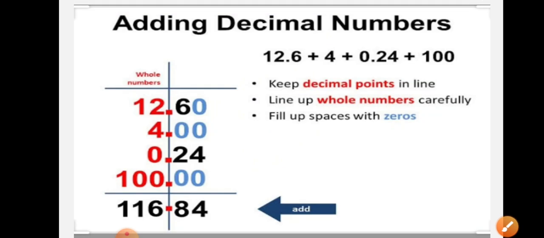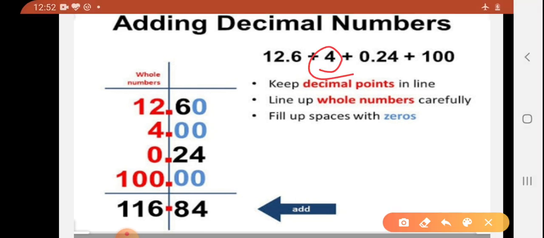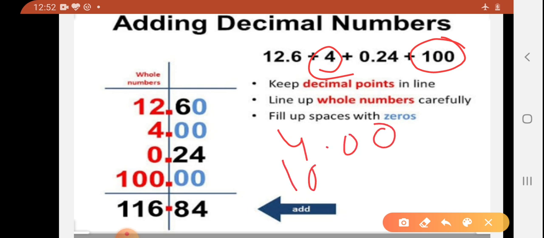One more example, 12.6 plus 4 plus 0.24 plus 100. Here you have to see that 4 is a whole number, and 100 is a whole number. So you can write 4 as 4.0. The decimal part is not given, only the integral part is given.